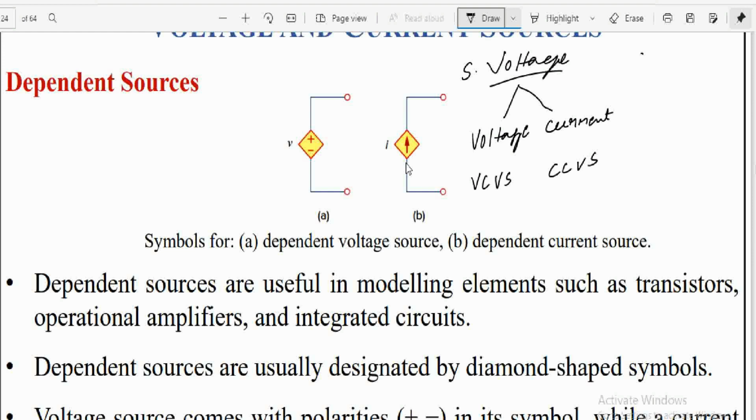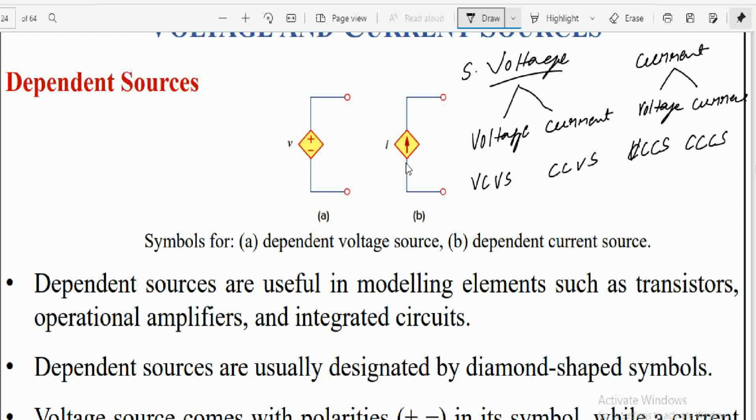For example, if it is a dependent current source, then it may depend on voltage or it may depend on current. If the current value depends on voltage, that is called a voltage controlled current source. If this current value depends on a current, it is called a current controlled current source.